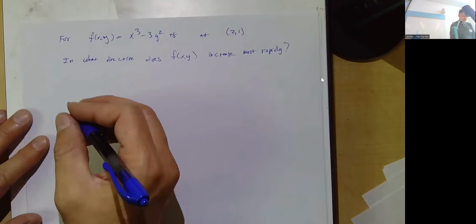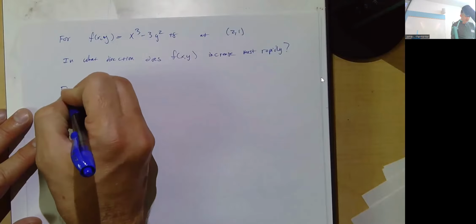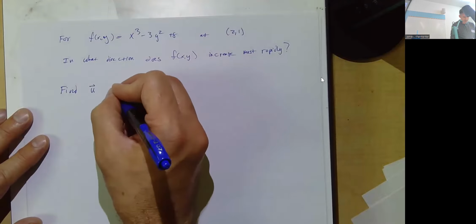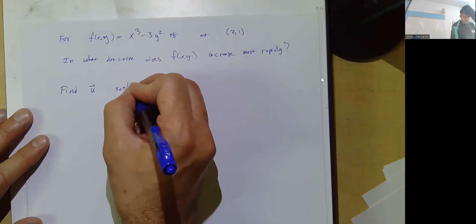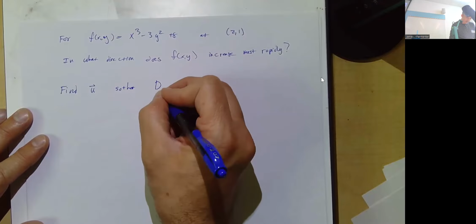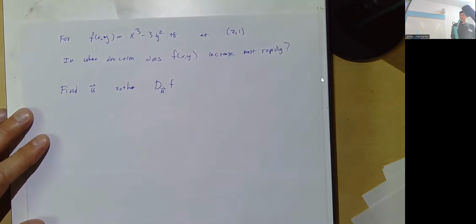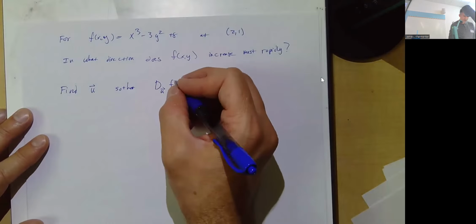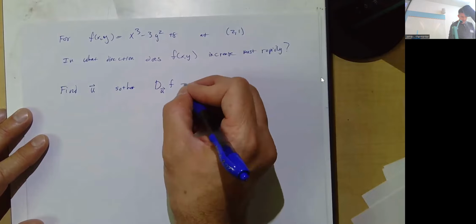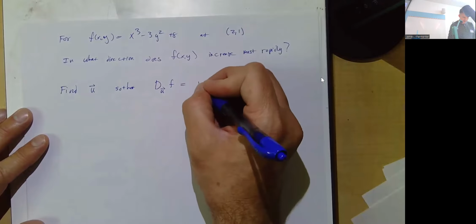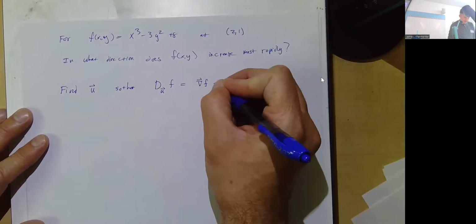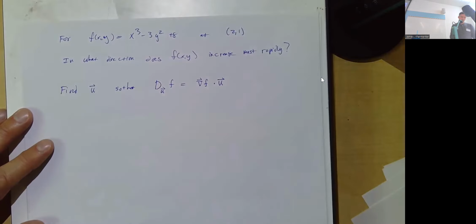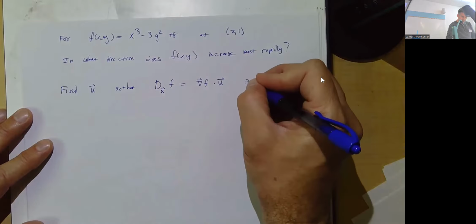So we're trying to find the direction u so that the directional derivative of f in the direction of u at the point (2, 1), which is equal to the gradient of f dotted with the direction u, is maximized.